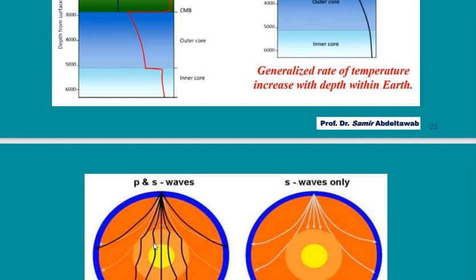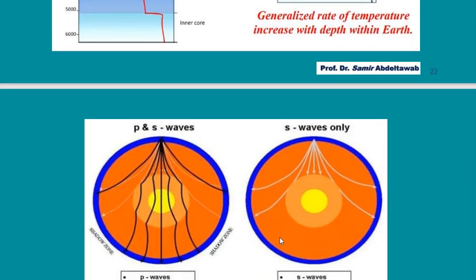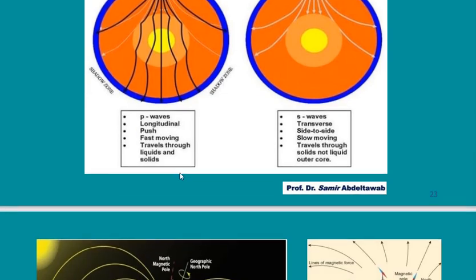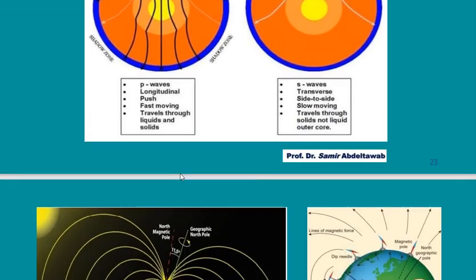If they record something only with the P wave, it means that the S waves coming to them were lost during passing through the liquid core. Anyway, this is for information.